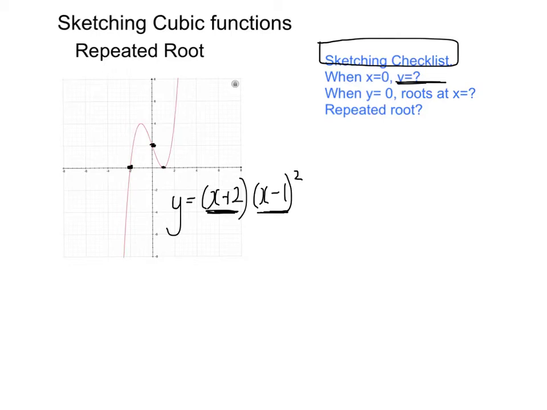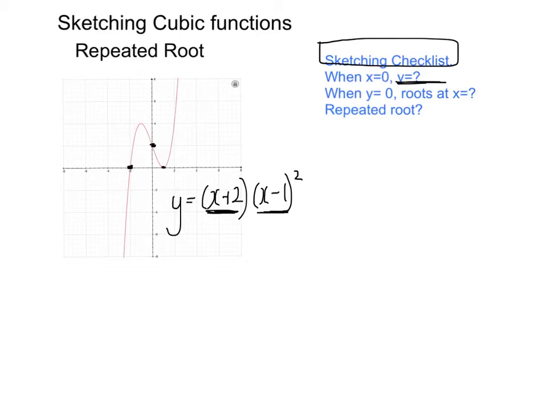When y equals 0, that shows us where the roots are. To make this bracket 0, x is minus 2. To make this bracket 0, we have to have x as being 1.